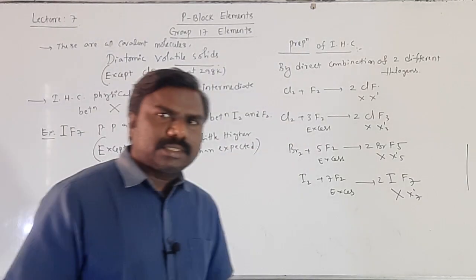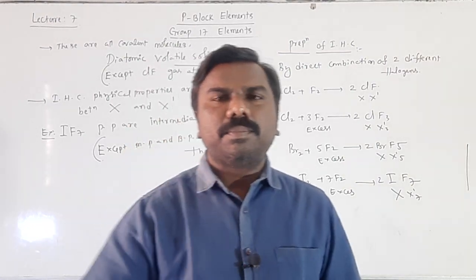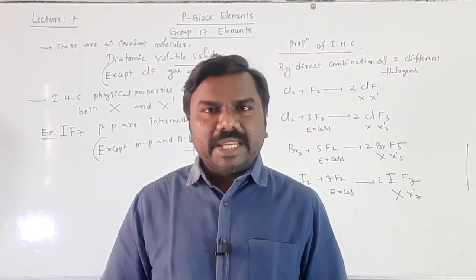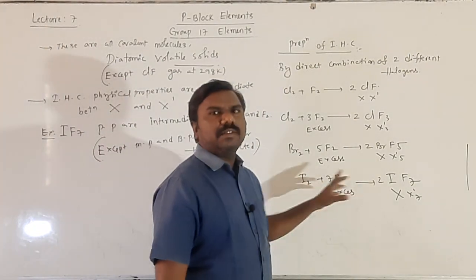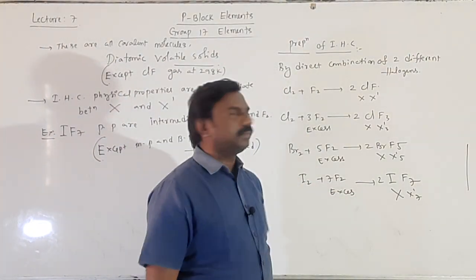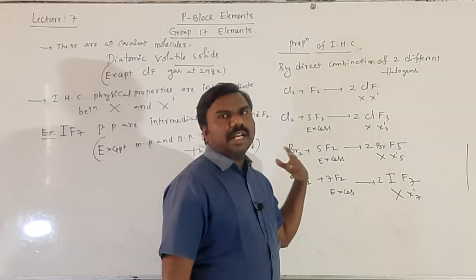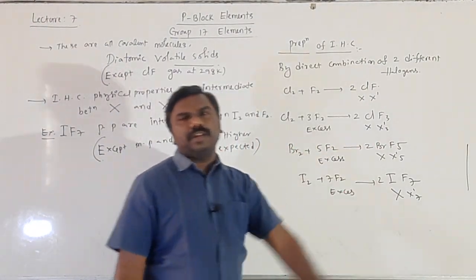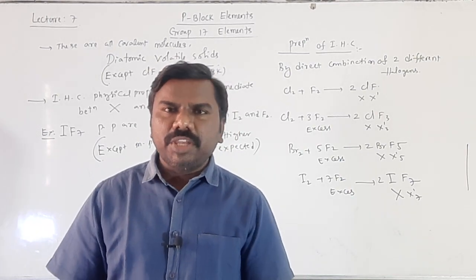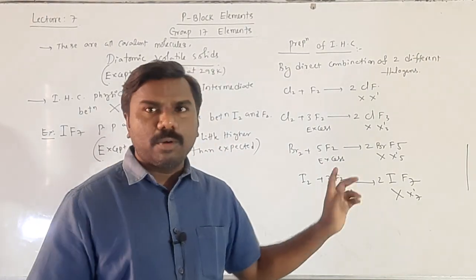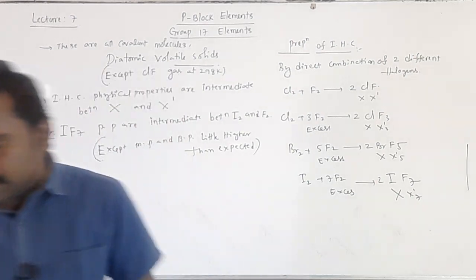Now the question is, interhalogen compounds are more reactive than halogens. It means IF7 is more reactive than iodine and fluorine, and BrF5 is more reactive than bromine and fluorine, because in an interhalogen compound there is a weak bond between iodine and fluorine, bromine and fluorine, right?